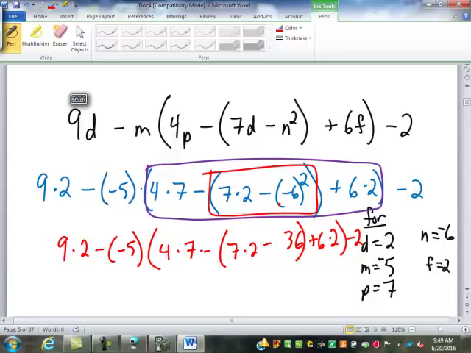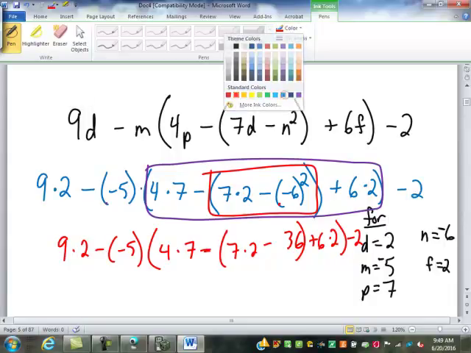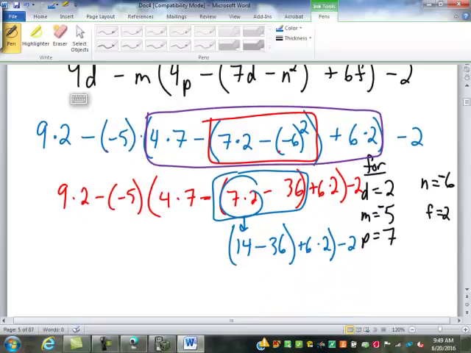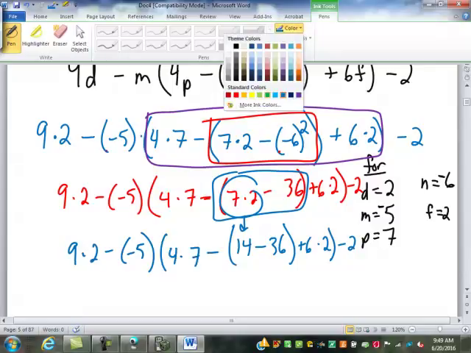Now I'm still working inside that inner set of parentheses right here. What do I need to do next? The 7 times 2, which is 14. Now what?